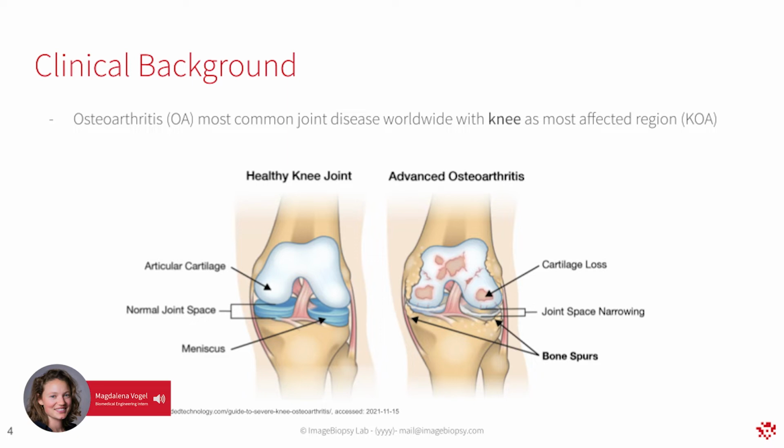On the right side, in this image, we can see there's an increased load of degenerative enzymes in the joint. So we have a cartilage loss, and with this as well, a joint space narrowing.